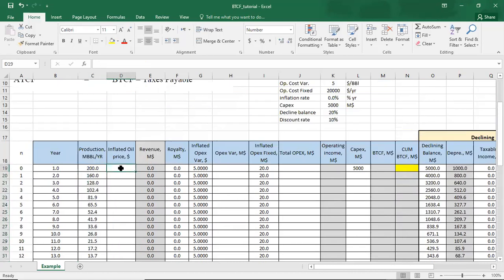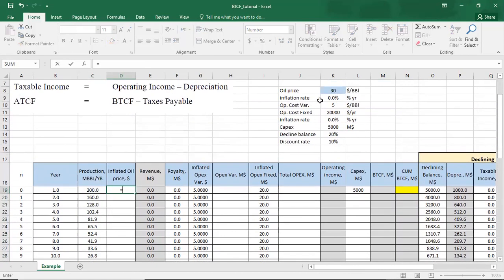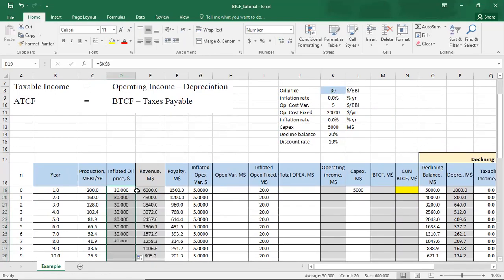Then we have the oil price of $30, so we'll make it fixed, and we'll just copy it down.